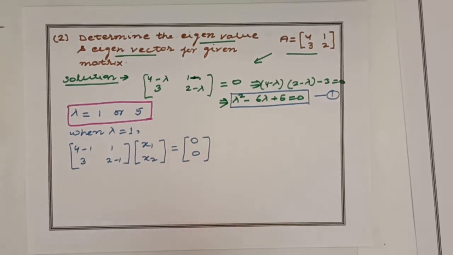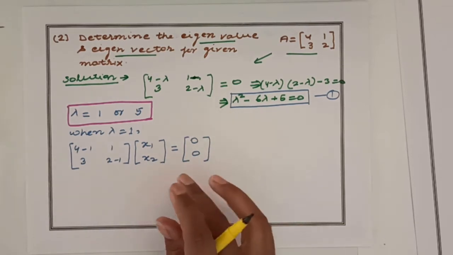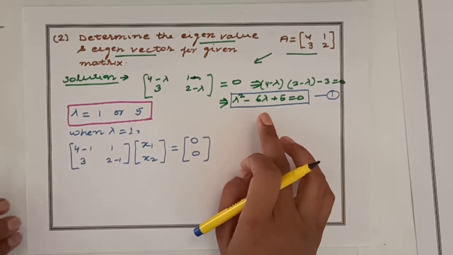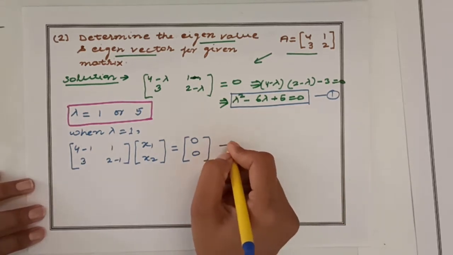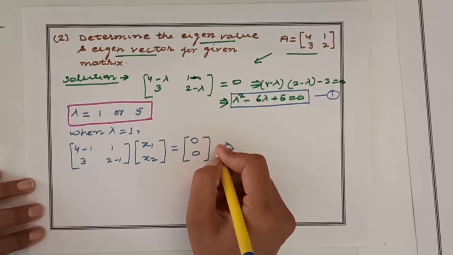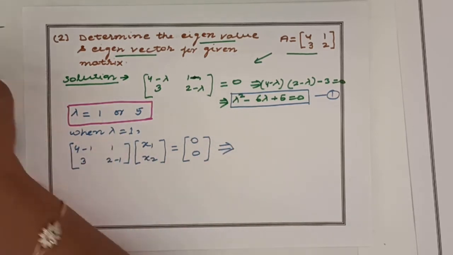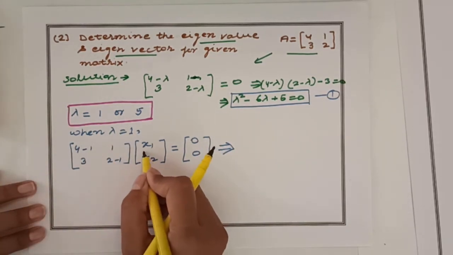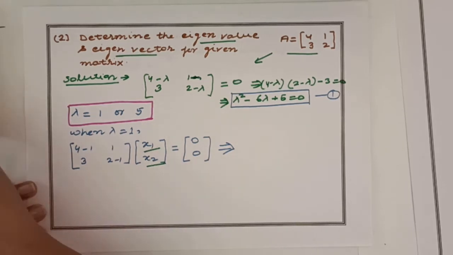So you have just substituted one value of lambda which you have obtained from this particular equation. Now you have to simplify it so that you will be able to obtain the value of x1 and x2.